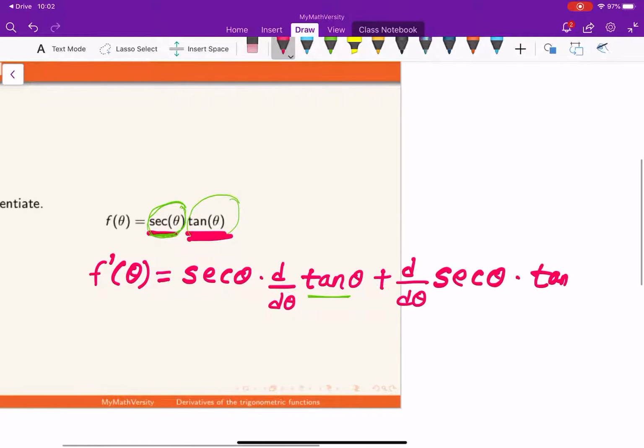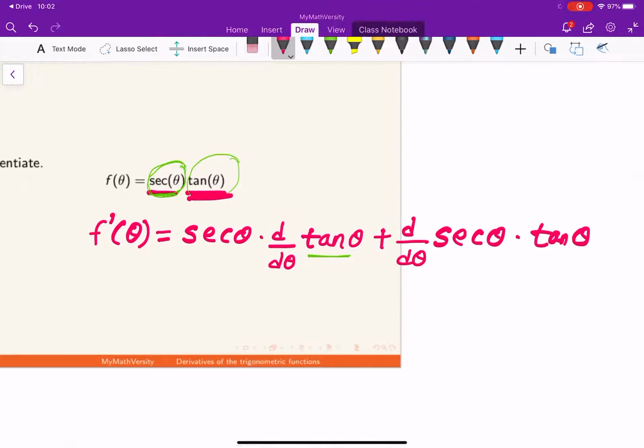So each time we are just differentiating one of the functions, leaving the other function as it is, and then adding them together. So this is how the product rule works. On this particular step, I have just applied the product rule. If you are not sure what I have done here, please rewatch this video up to this point, or go to the product rule and make sure that you understand that.